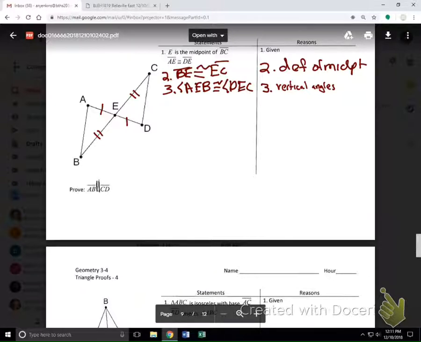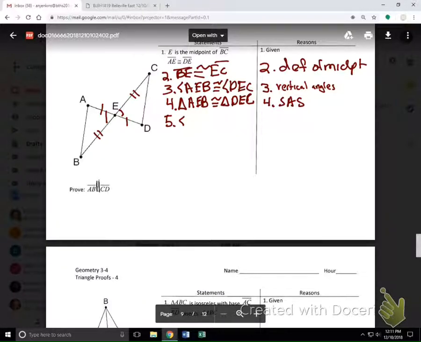Okay. Now we can say our two triangles are congruent, but that's not all we're looking for here. We want to see that these lines are parallel. We knew that from side, angle, side.